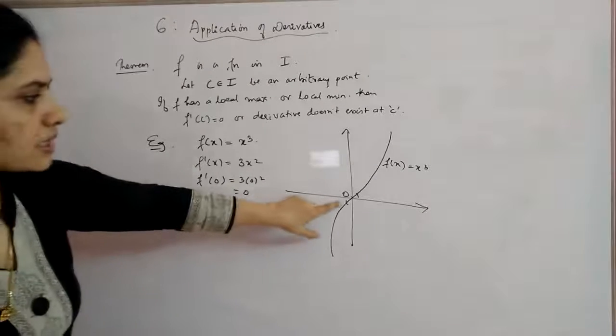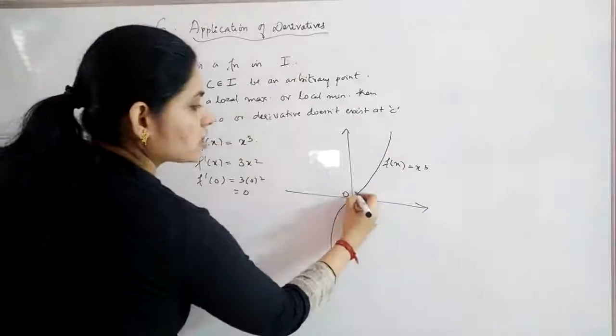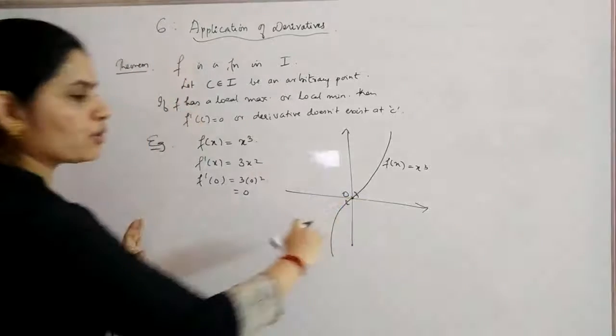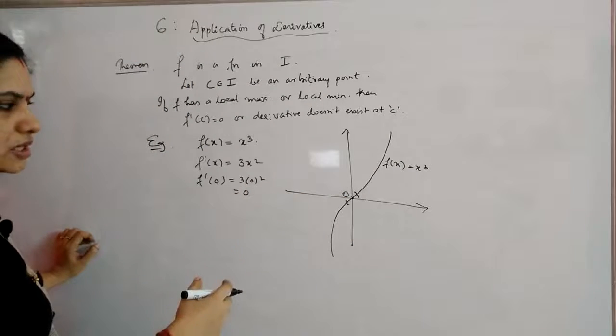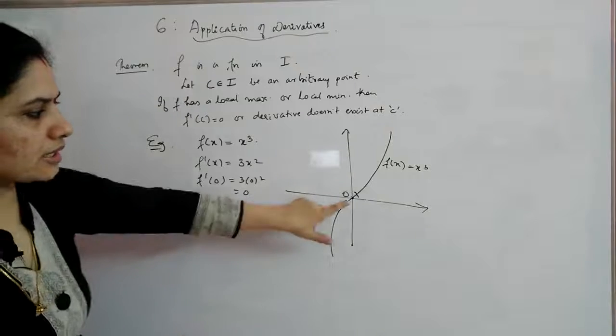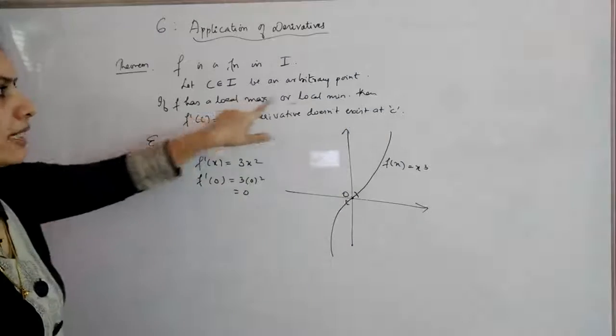But can you say that it is increasing or decreasing like that? That means it should have a change in this interval containing 0. You have to get a change from positive to negative or negative to positive. If f dash is changing, then only you can say that the point is a critical point or it has a local maxima or minima.